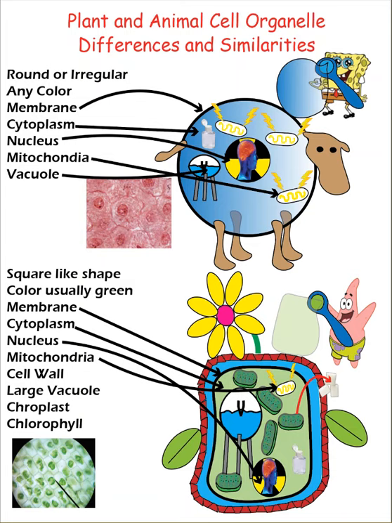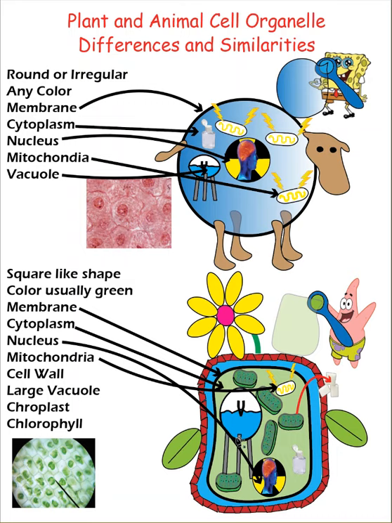So they kind of just pop up whenever they're needed. So they can hold food, water, or waste. I like to use the analogy of a water tank to represent holding water.